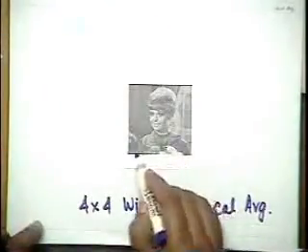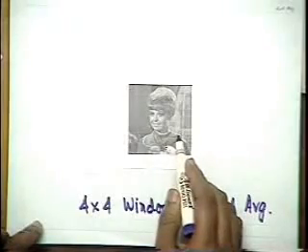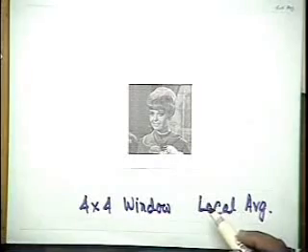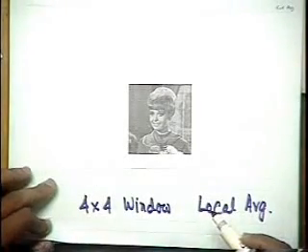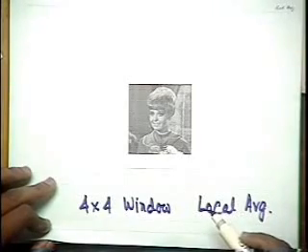Now, if instead of 4x4 window, I increase my window size to 8x8, what kind of a result do you expect? Further blurring. Already noise reduction is there, but even if there is some amount of noise at this stage, there will be further noise reduction. But of course, a further blurring should take place. And see what kind of an image it is. Can you make out anything?